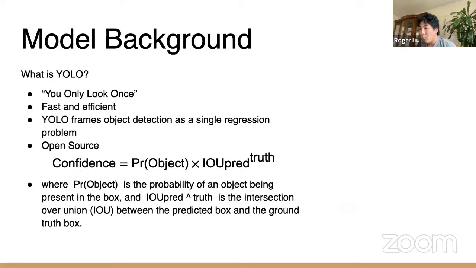So the model I used was the YOLO model, and it's a little different than traditional computer vision models. The history of computer vision goes back several decades, as early as the 2000s.